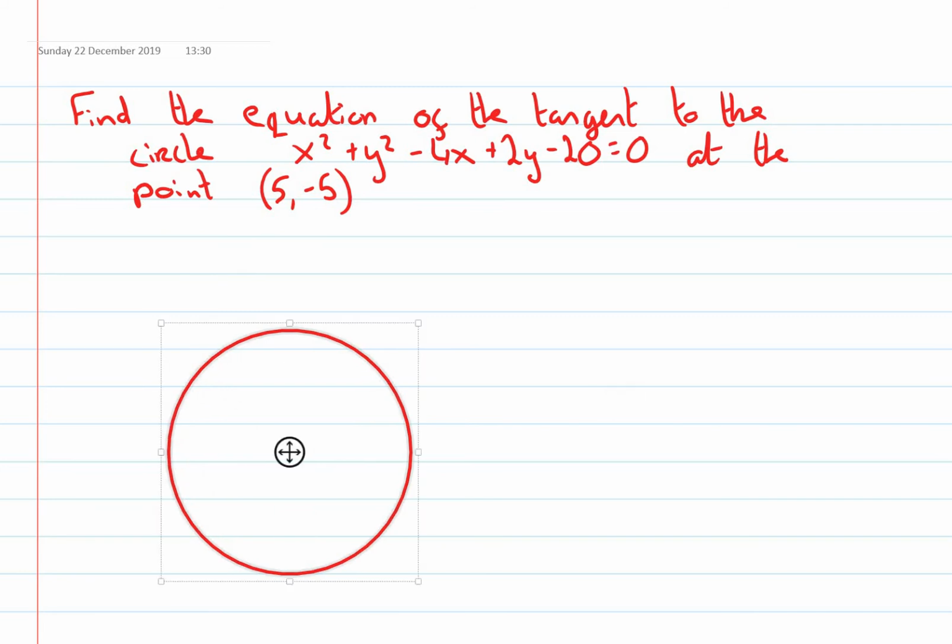So there's our circle, and we have a tangent to that circle. And the tangent is at the point (5, -5). And we want the equation of the tangent of the circle.